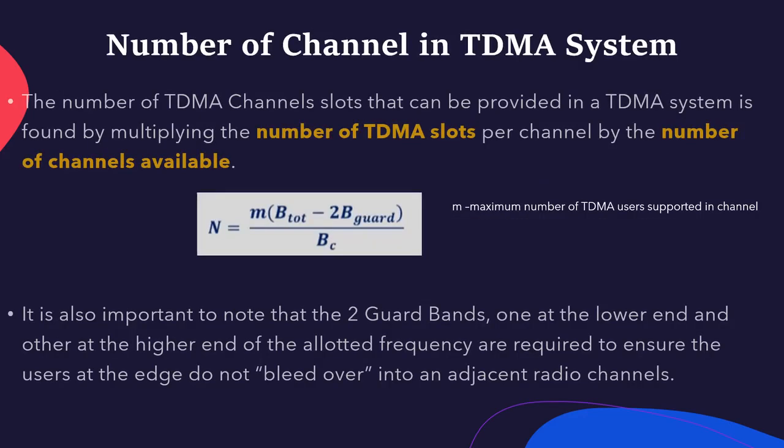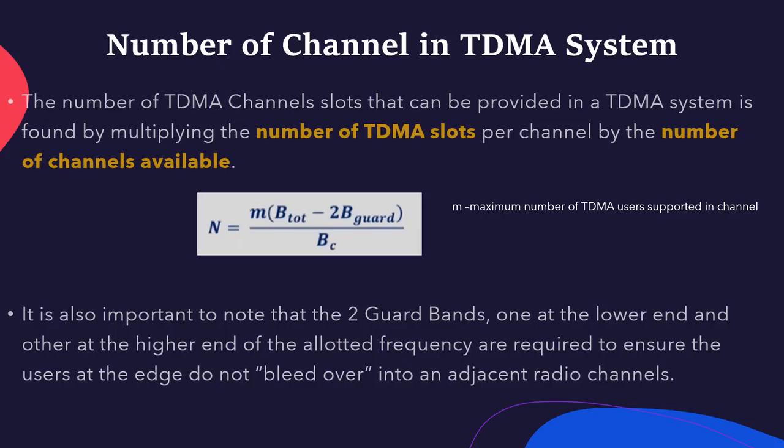Now we will talk about the number of channels in a TDMA system. The total number of channels that can be operated in a TDMA system: the total capacity of channels can be determined by multiplying the number of TDMA slots per channel by the number of channels available.